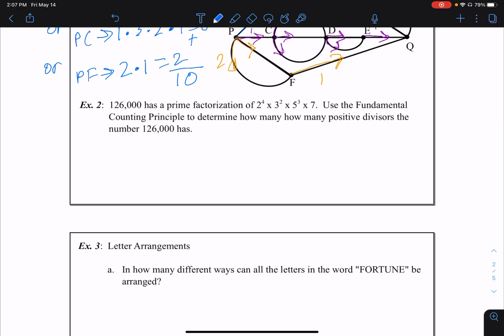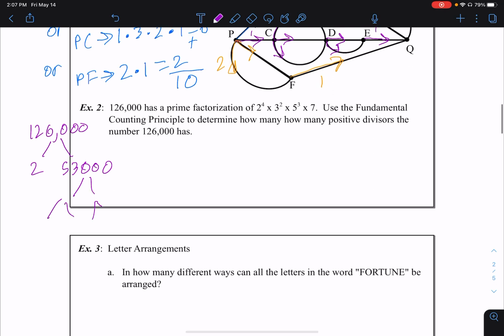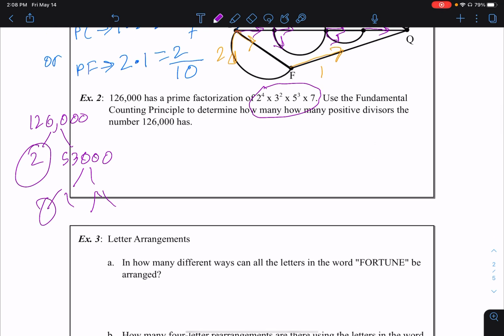So what this is telling us is that 126,000 can be broken up into, let's say, 2 and 5,000, or 53,000. And this will be broken up, and it'll just keep continuing until we have these numbers as the ends of the branches.